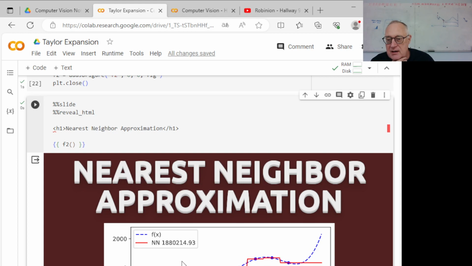In this area here, it does a pretty good job, but in the part where there's no other value that I have, to the left and the right, the error increases dramatically. Because here it's 6,000 and I say it's close to 0.